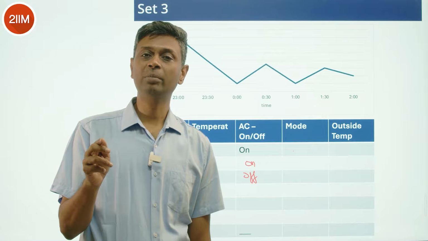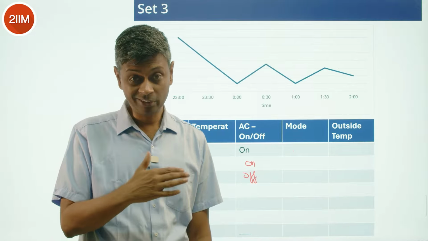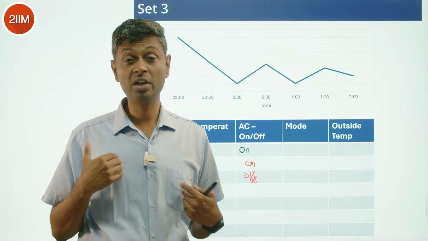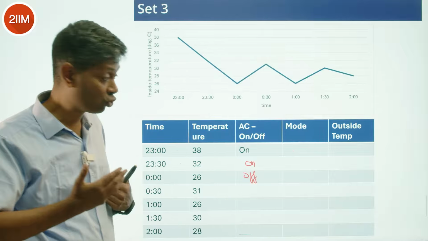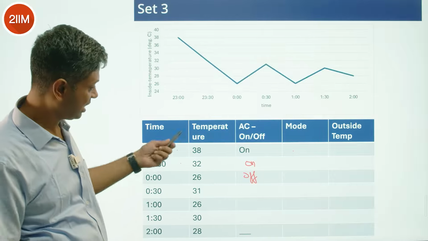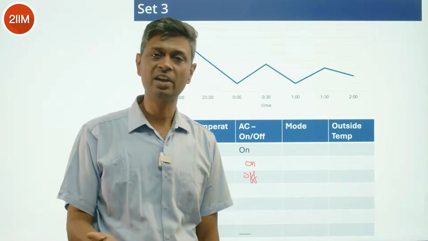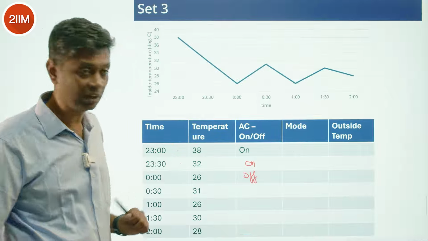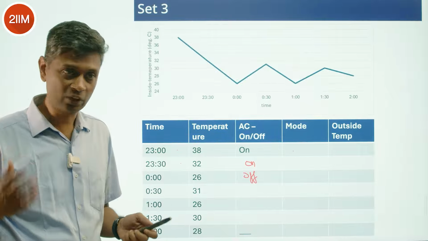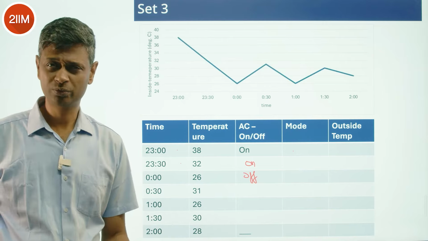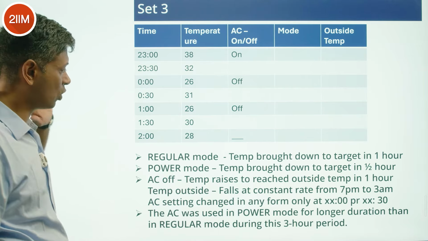Either I could have set my target temperature at 32, in half an hour I'll reach 32, or it is dropping 6 degrees in half an hour, but my rate is for it to drop by 12 degrees over an hour. 38 to 26 I wanted to do aram se over 1 hour. First half an hour it will drop 6 degrees. It would have been in regular mode. And so the mode we'll still have to figure out, but the on off thing we can do straight away. The on off thing we can do, done.